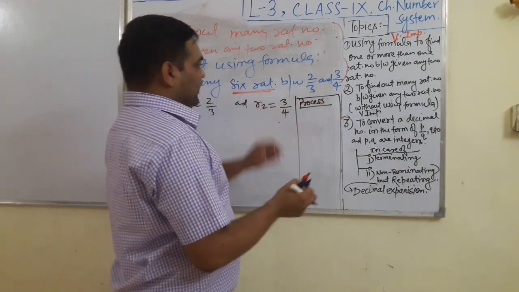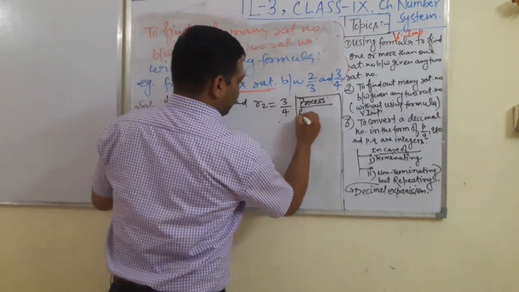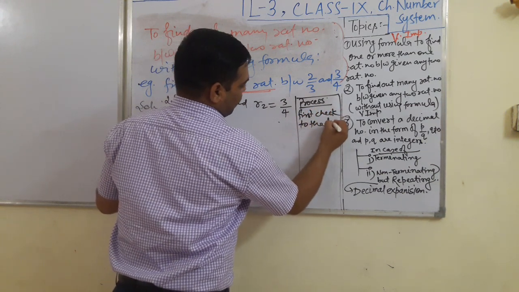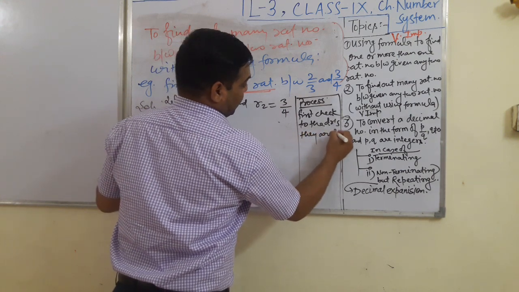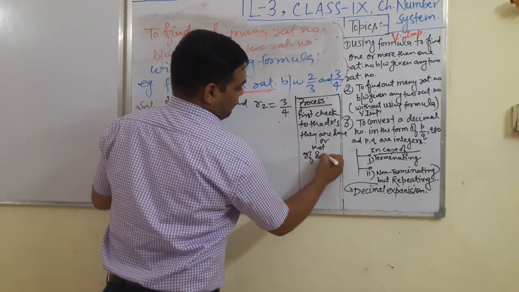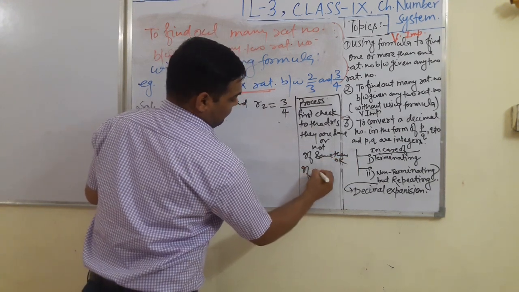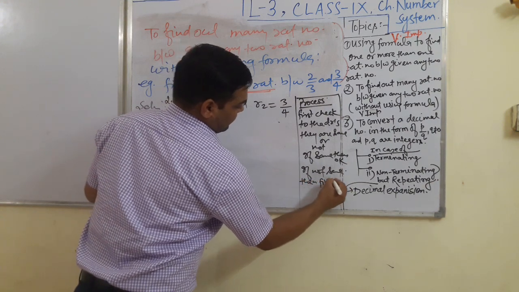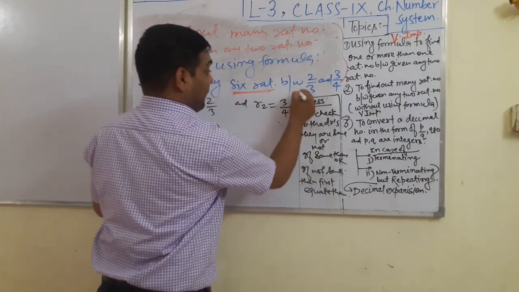First of all, check whether the denominators are the same or not. If the same, then okay. If not the same, then first equate them. This is the first point.